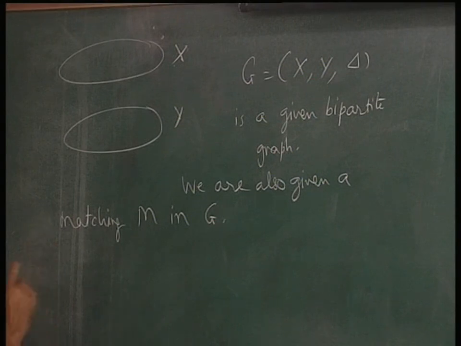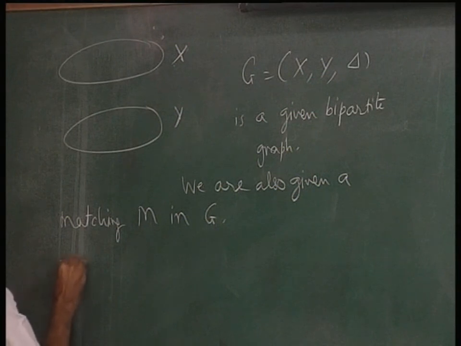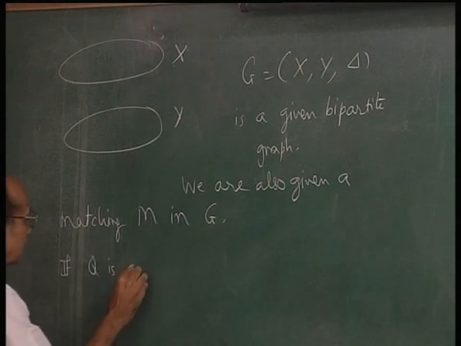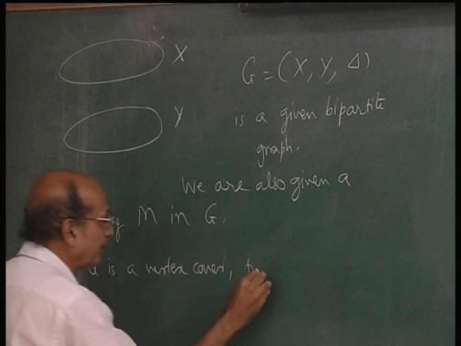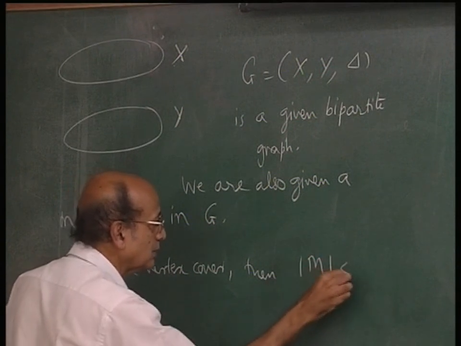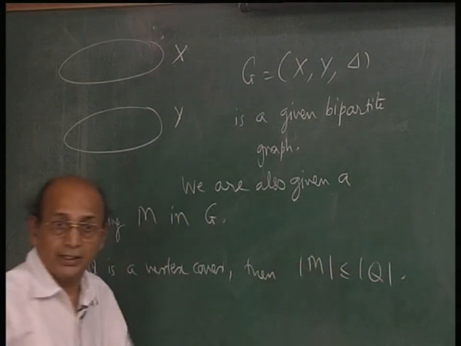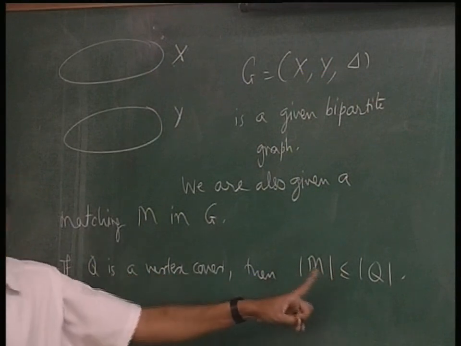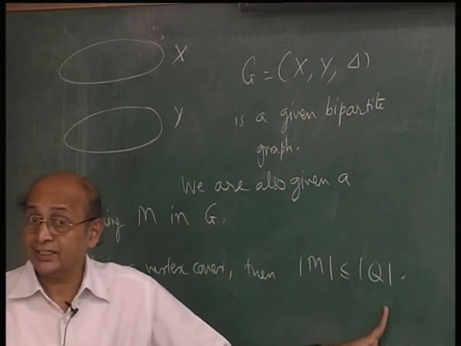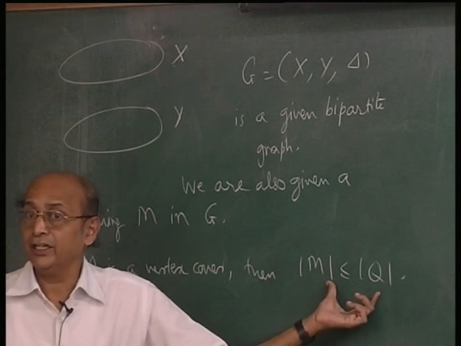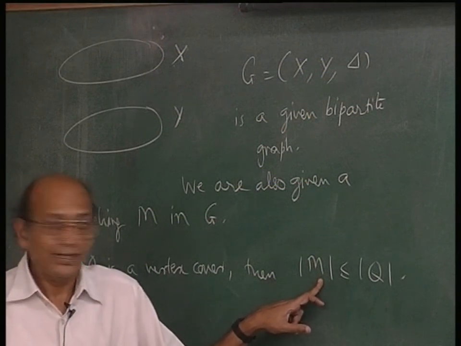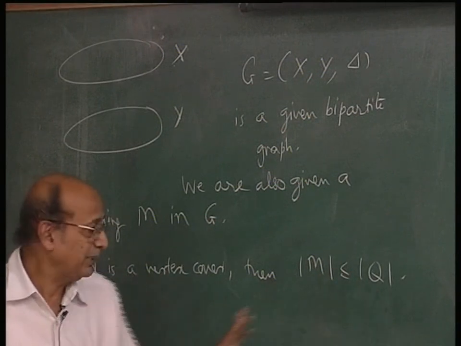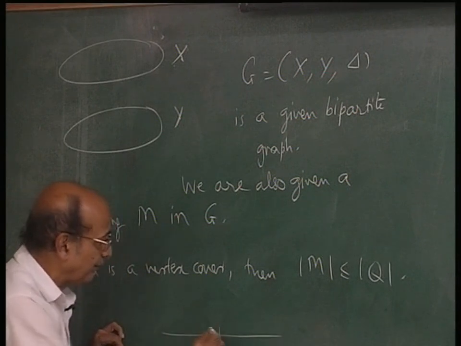The basic thing on which this entire theory depends is the duality statement, namely if Q is a vertex cover, then this inequality is true for any matching and any cover. Is that clear? It's a very strong inequality. And what we are saying is that the maximum of this is the minimum of that. It's like this on the real line.